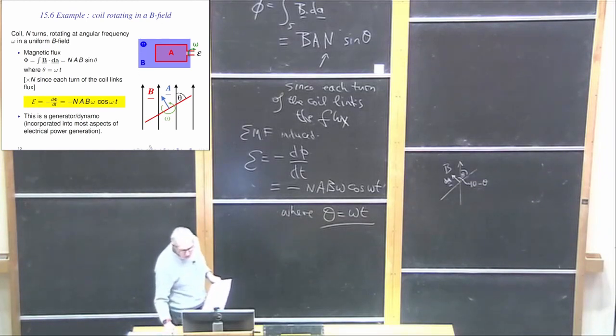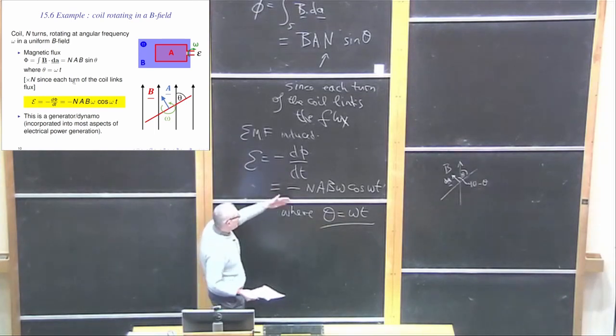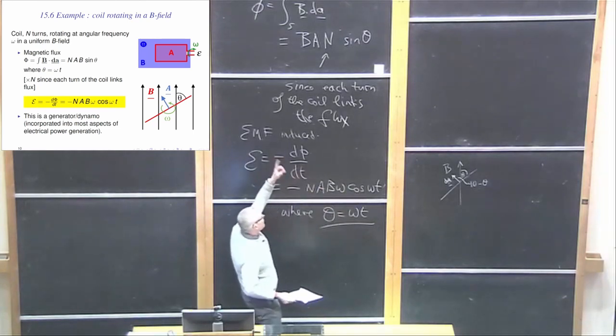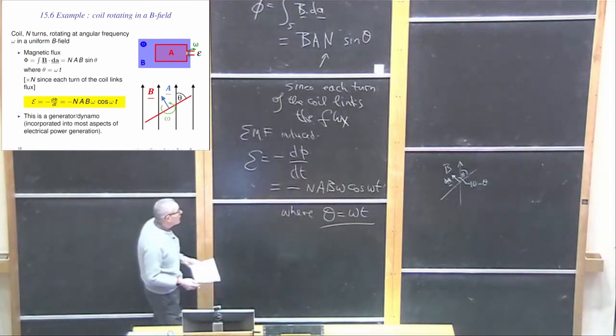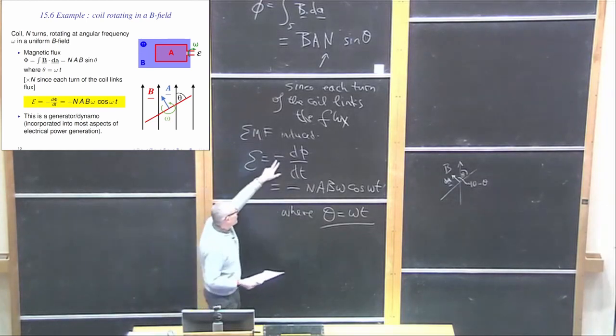The angle theta is just equal to angular frequency times time. So when I differentiate this with respect to time, I pick up a cosine from the differential of the sine, and a minus sign. The minus sign is from there, actually.